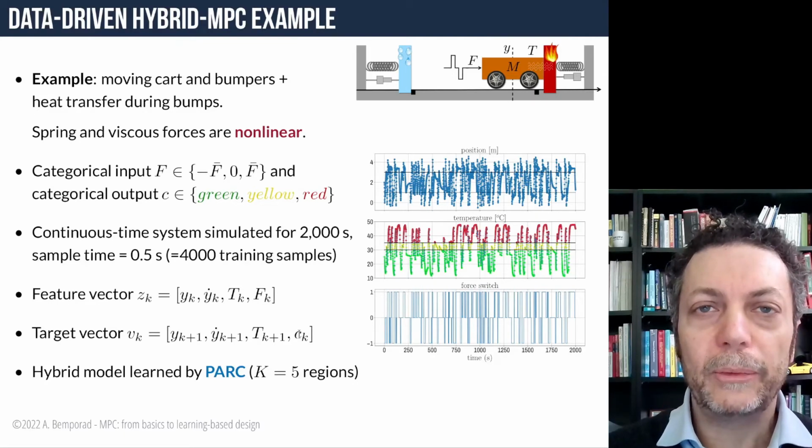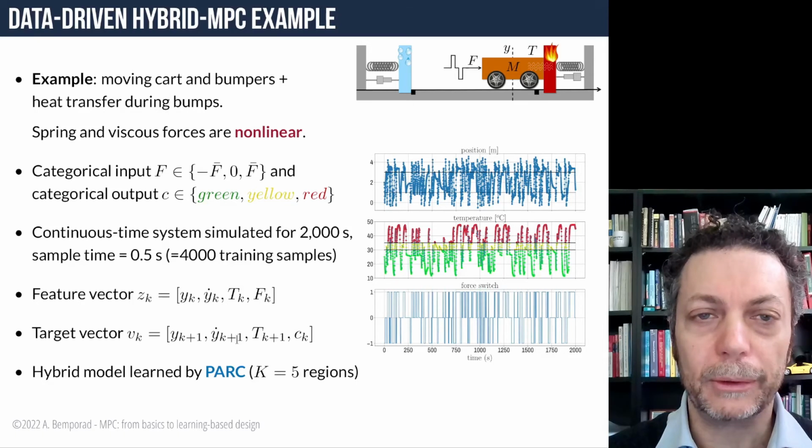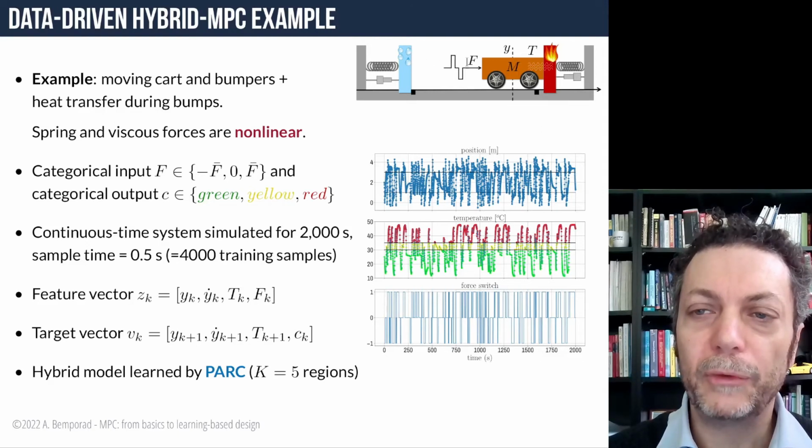Now let's see how we can use this algorithm to learn a piecewise affine model for use in hybrid model predictive control. So this is a toy example I've constructed to consider a problem in which you have a moving mass actuated by an input signal which is categorical, so it can only assume values 0 or plus minus F bar. And the mass moves here with some friction, and there are two bumpers that are connected to springs and dampers to these two walls.